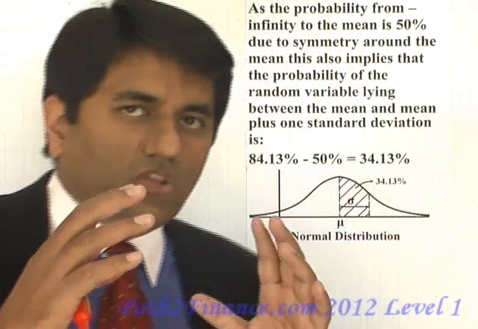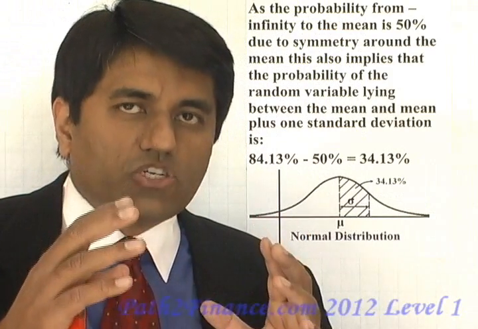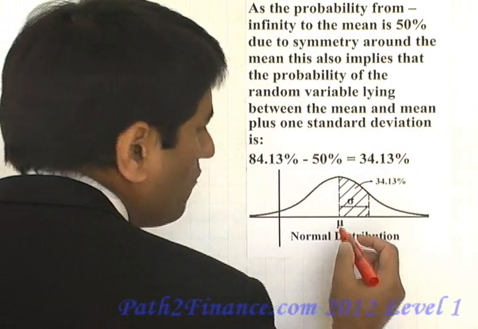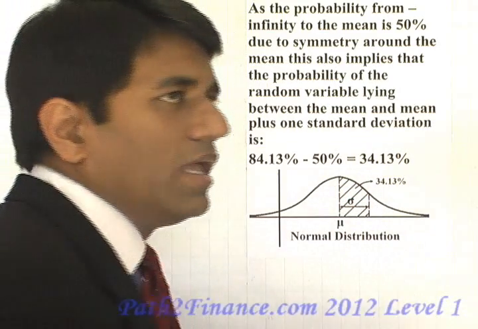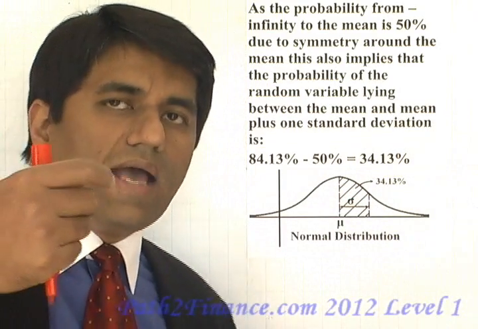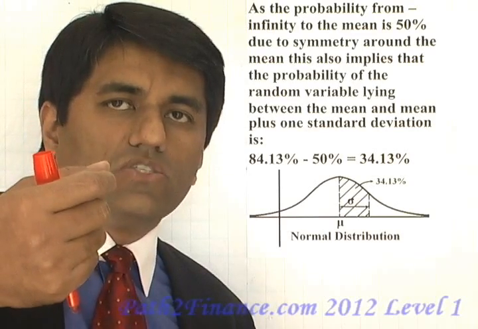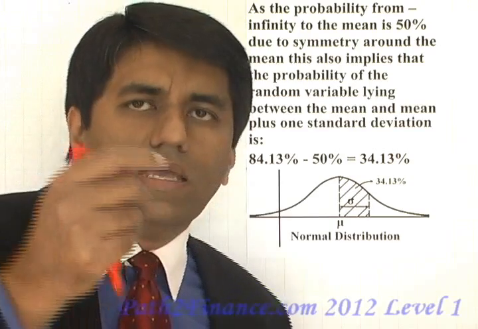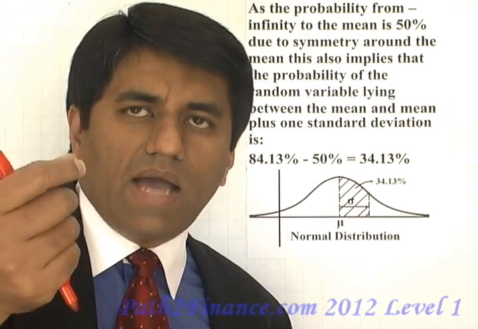Now remember that the normal distribution is symmetric. So around nu, it is symmetric because nu has a z value equal to 0. Because z is found by value of variable minus nu.